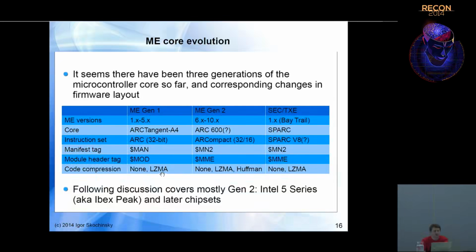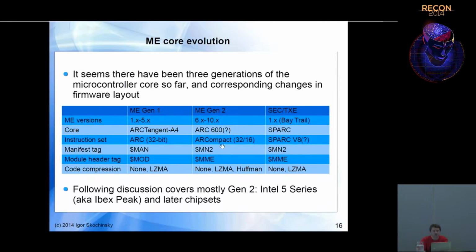And they were using LZMA compression or no compression for the code modules. The second, I call it the second generation, I don't know what Intel calls it, starting from version 6, they switched to another ARC processor that employs the ARCompact instruction set.